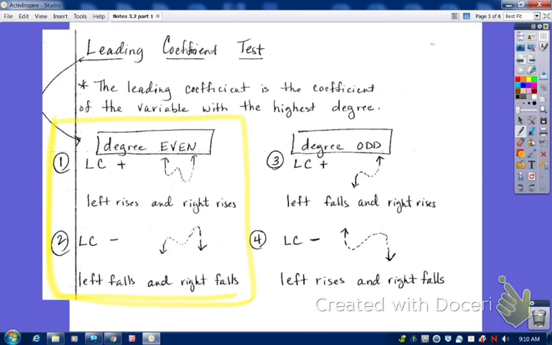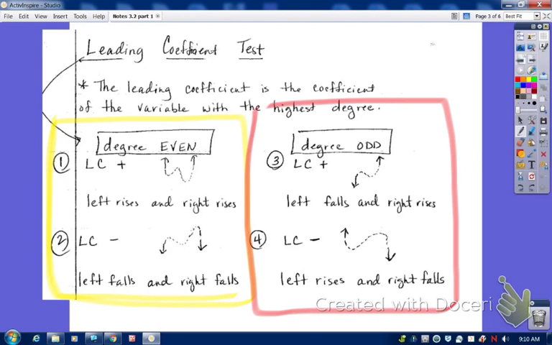Again, we're not sure what's going to go on in the middle of that graph. We'll have to find some x-intercepts, some y-intercepts, and talk about the number of turning points to figure that out. If the degree of the polynomial is odd, that means the ends are going to go in opposite directions.